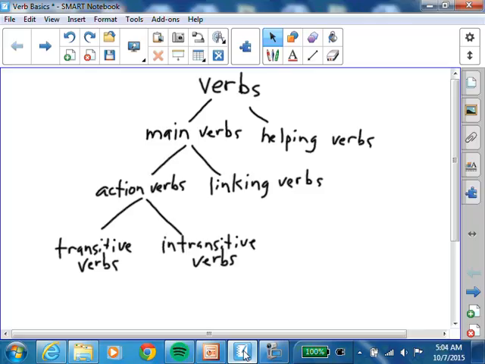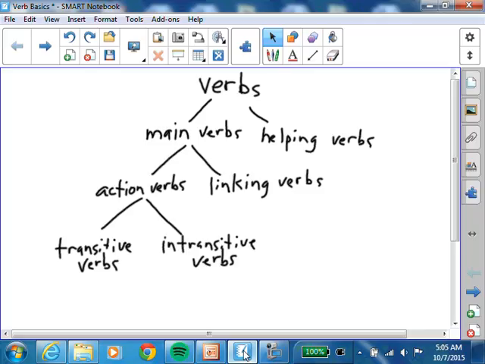And beyond being able to recognize an action verb, students will often get confused because there are these other things to look at. For instance, is the action verb transitive or intransitive? And then other things such as helping verbs and linking verbs.